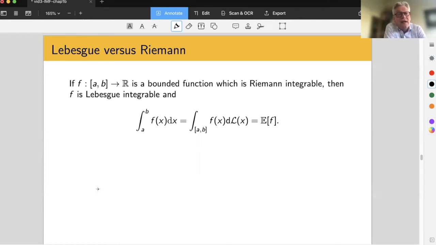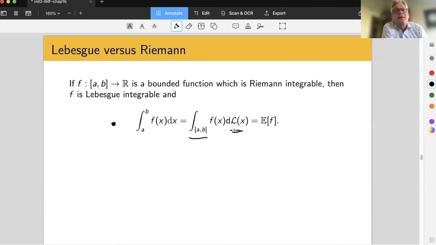And in detail, the integral from a to b of f(x) dx, and that's the Riemann part, is equal to, and we write it like this, the integral over the interval of f(x) d script-L(x), where L is the Lebesgue measure. And so your domain is [a,b], and you have the Borel sigma algebra and the restriction of the Lebesgue measure. So we call it calligraphic L here, right?